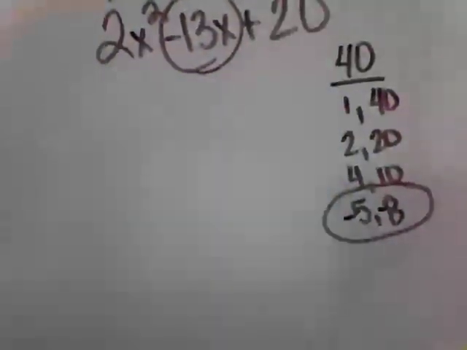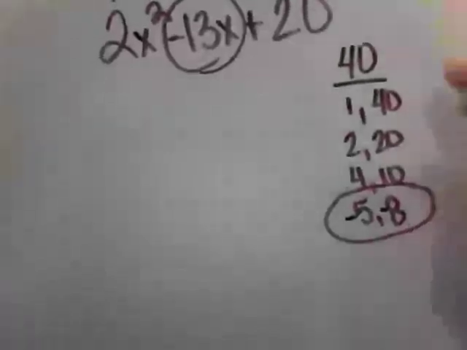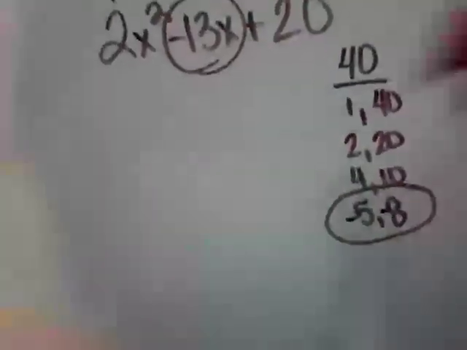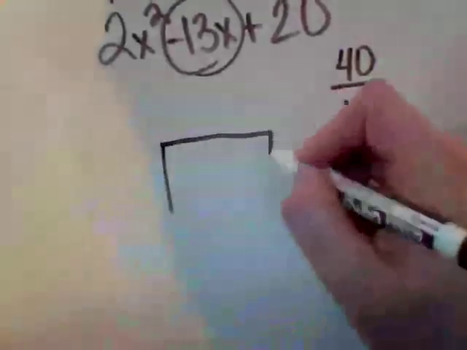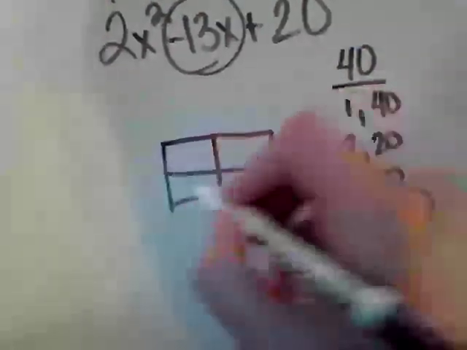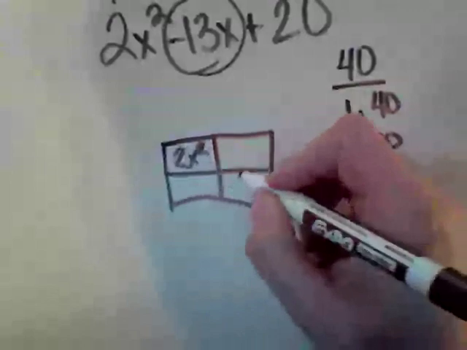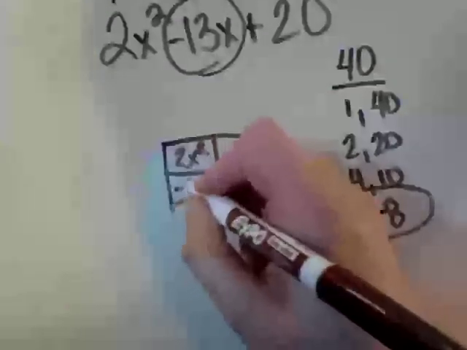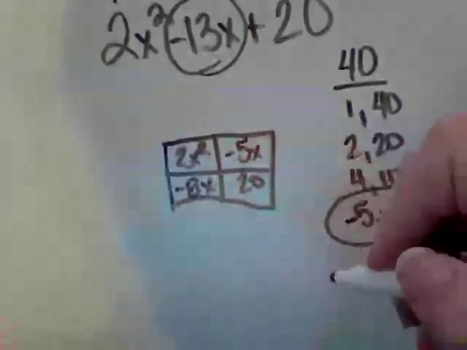But that's okay, because if we do a negative 5 times a negative 8, that's still going to give us that positive 40 that we needed. So if we set up the box, okay, I've got my 2x squared, and I've got my positive 20. Now I also have my negative 5x and my negative 8x.